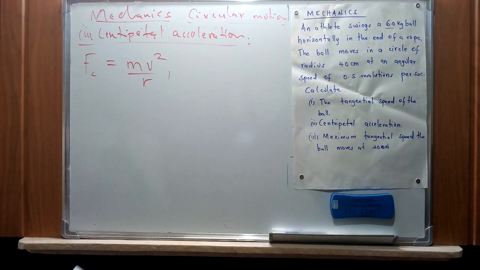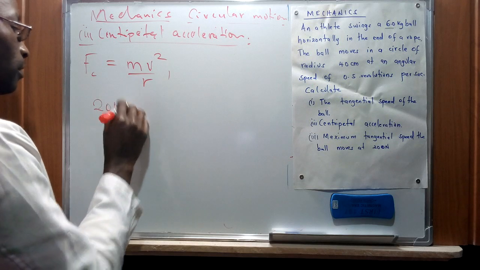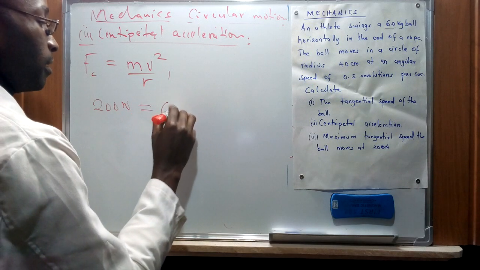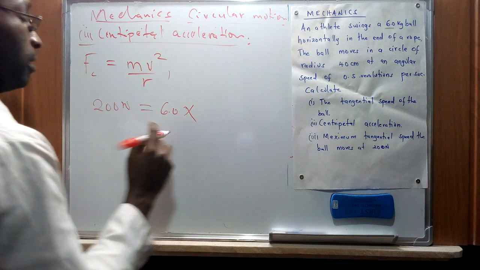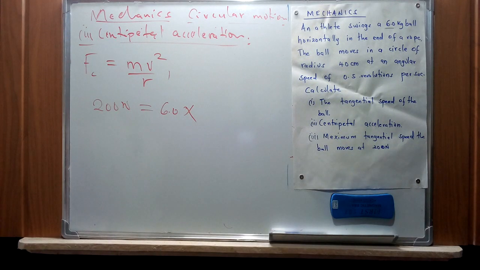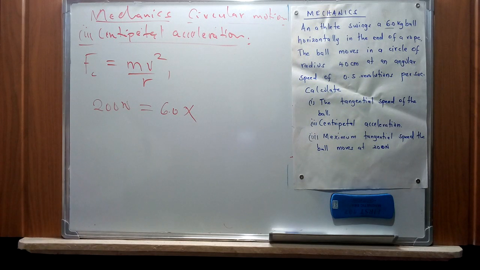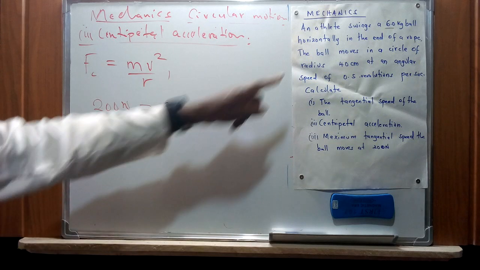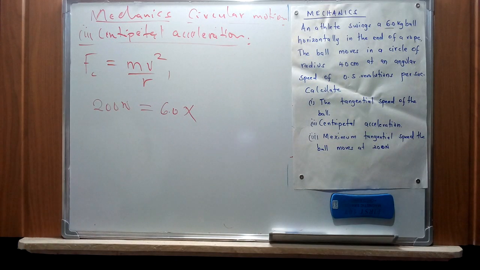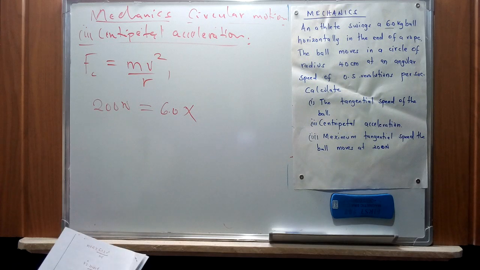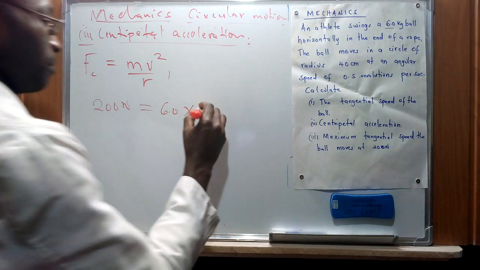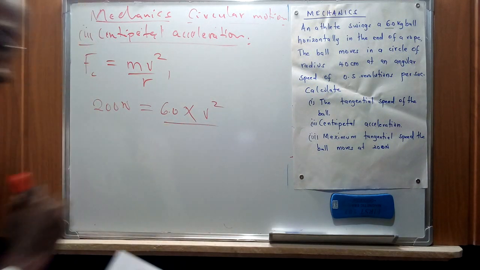So for that case, we have force as 200 newtons, times the mass is 6 kgs, and the units are very much important because we have to ensure that they are in standard form, just like for the case of radius that we have indicated as 0.4. We have to be keen to ensure that the units we have put reflect what is required. So I have m, which is mass, v squared over the radius 0.4.